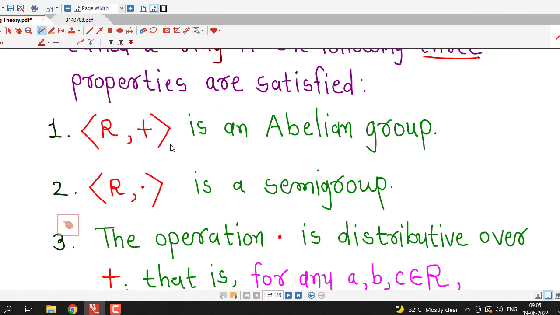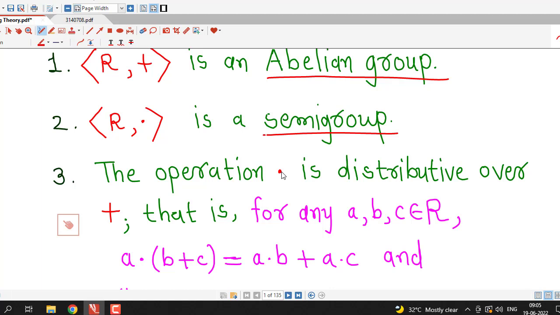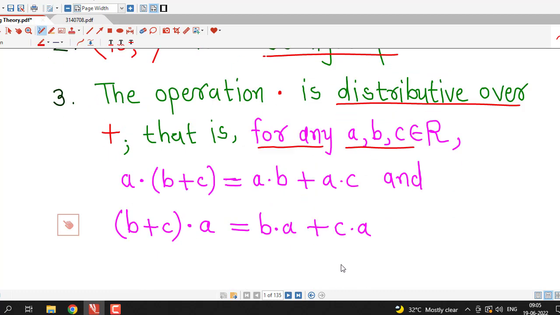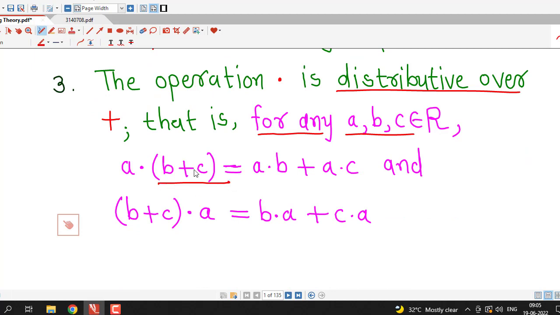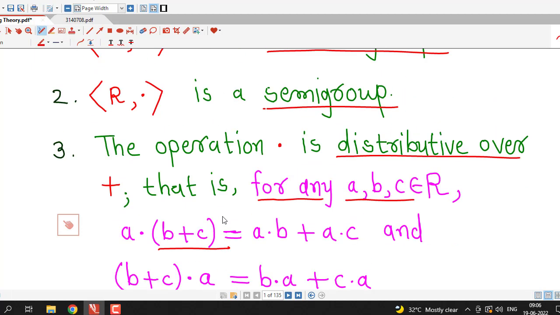First, R with addition is an abelian group. Second, R with multiplication is a semigroup. Third, multiplication is distributive over addition, that is, for any three elements A, B, C in R, A dot (B plus C) equals A dot B plus A dot C, and (B plus C) dot A equals B dot A plus C dot A.